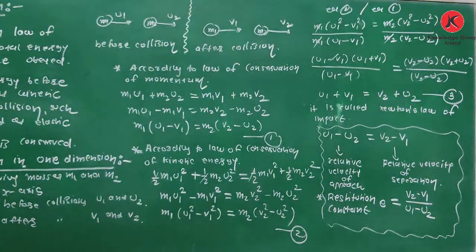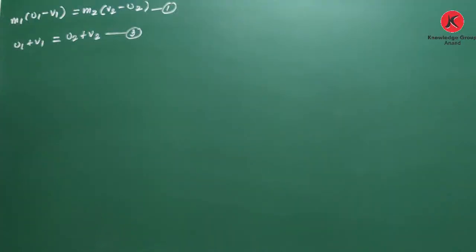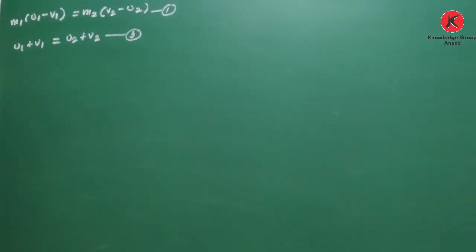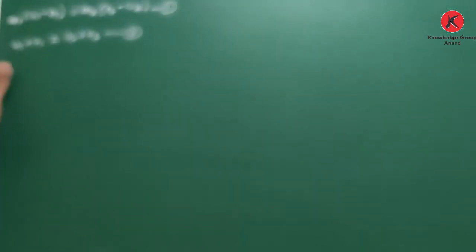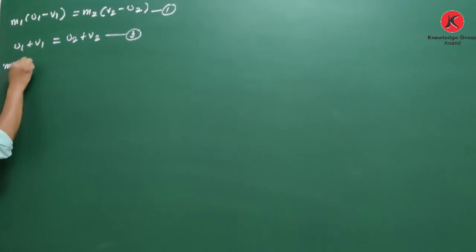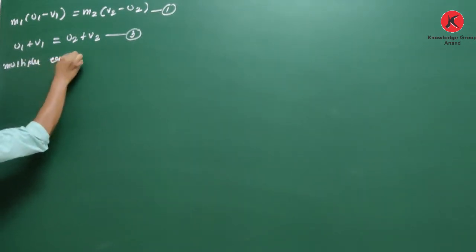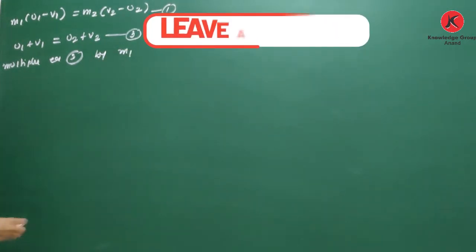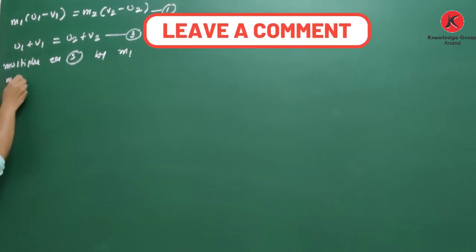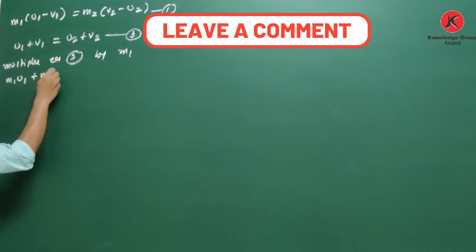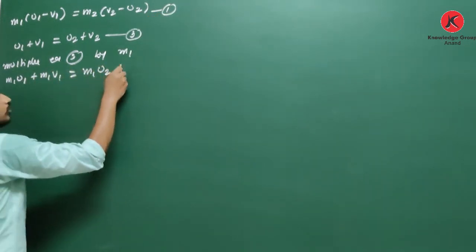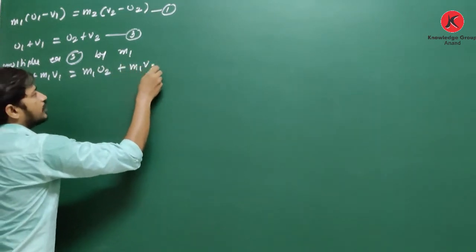See, it is equation number 1, it is equation number 3. Now we will multiply equation number 3 by m1. Then it is m1 u1 plus m1 v1 is equal to m1 u2 plus m1 v2.